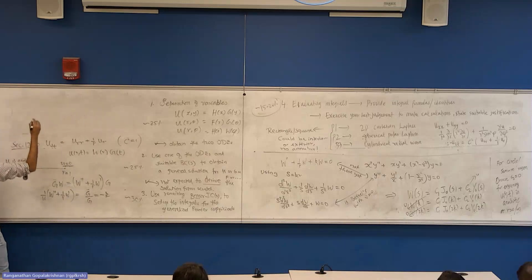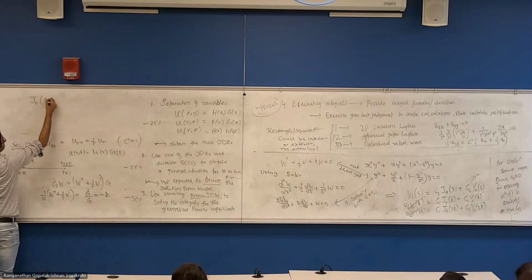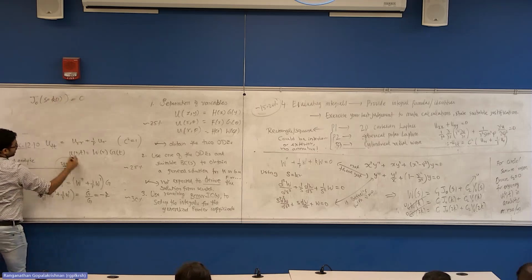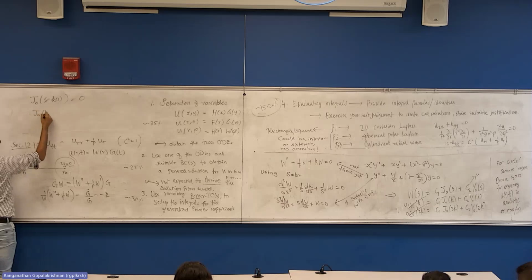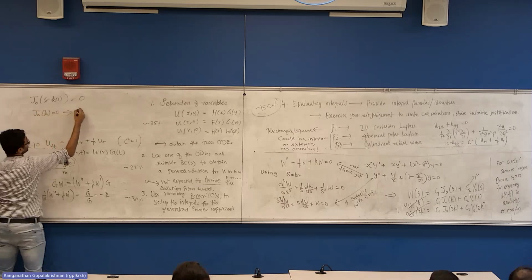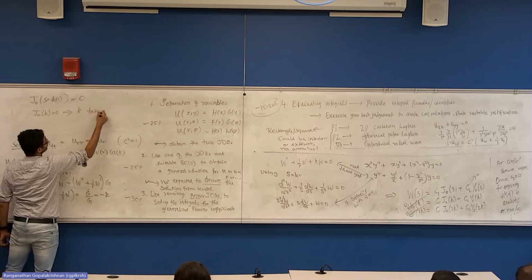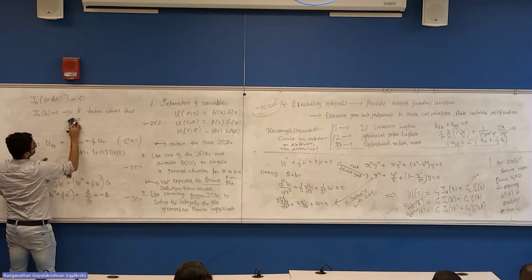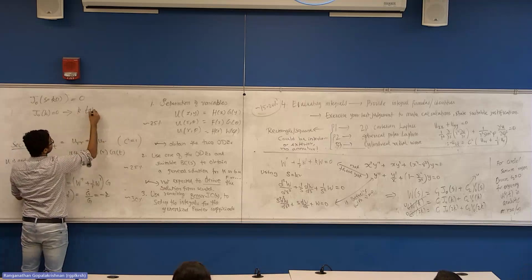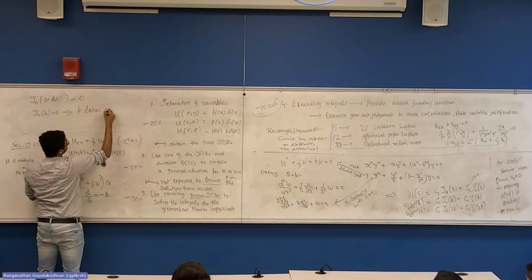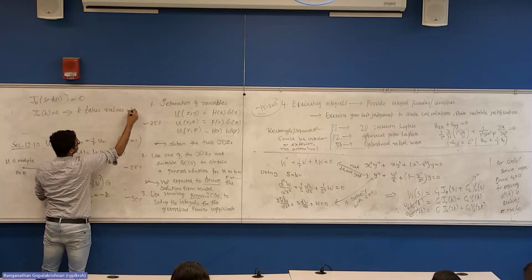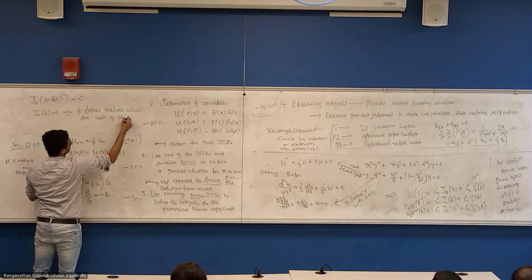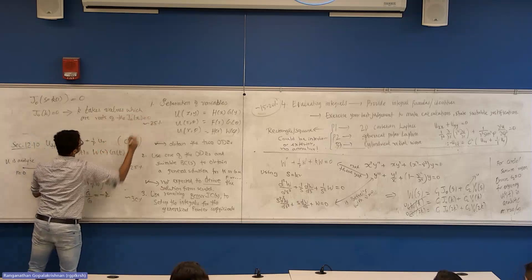So we can say J0 of s equals k times 1 equal to 0. That's given in the boundary condition. So J0 of k equal to 0, which implies k takes values which are roots of J0 of x equal to 0.